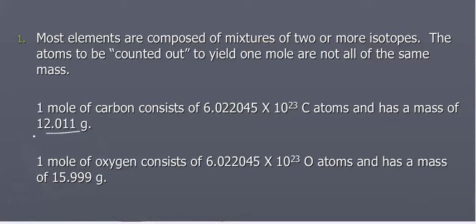Now this number right here is the atomic mass for carbon, and that will be on the periodic table. 1 mole of oxygen consists of 6.02 times 10 to the 23rd oxygen atoms. That's a mixture of all the isotopes and has a mass of 15.999 grams. This number again is on the periodic table. That's the atomic mass of the isotopes of oxygen.